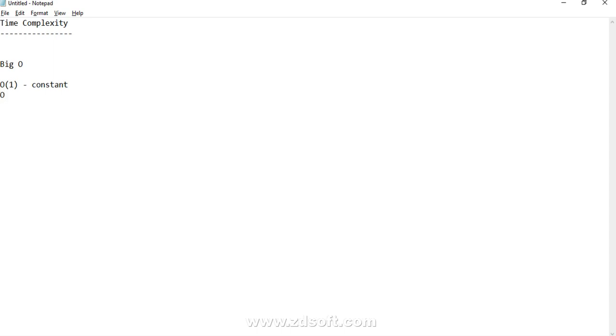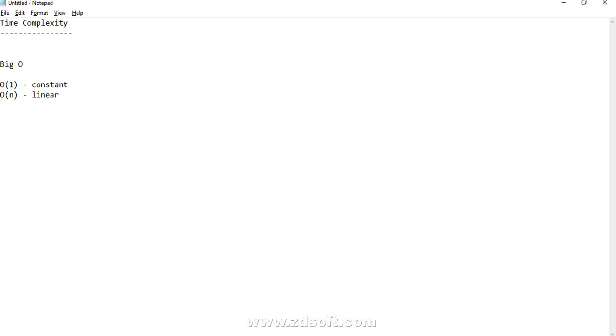Now when I say order of n, here it means we can call it linear, meaning the time complexity is dependent upon the input size. Okay, so it's directly proportionate to the input, we can say.